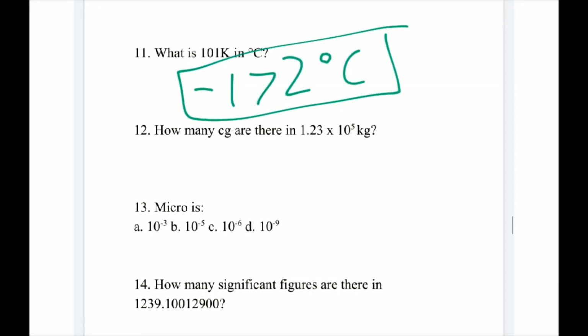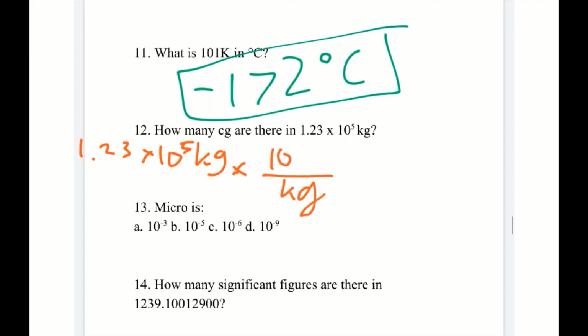Now let's try to solve this problem. So this is another case of conversions between different units. So let's start off with 1.23 times 10 to the 5th kilograms. So we are going to multiply that by our conversion factor with kilograms on the bottom, and on the top we know that 10 to the 3rd grams are in a kilogram.